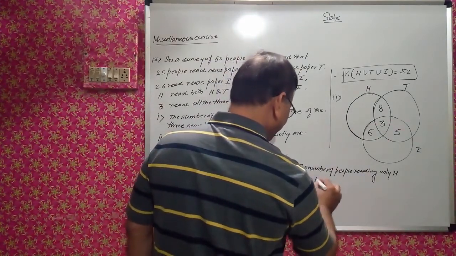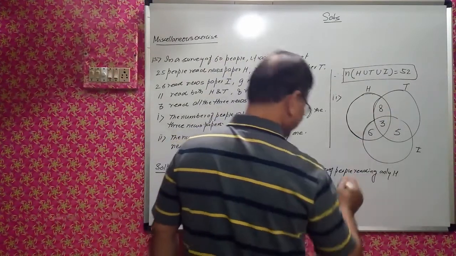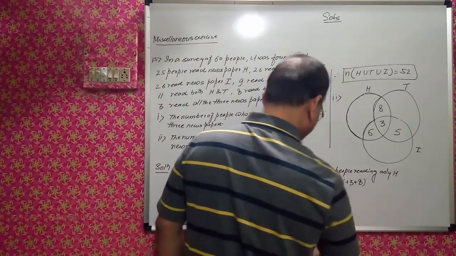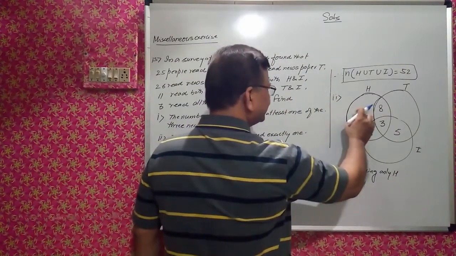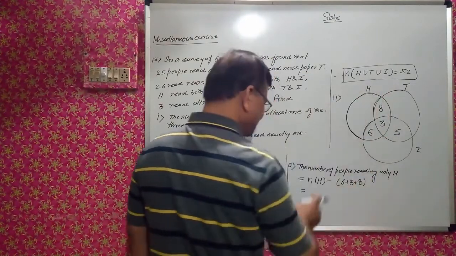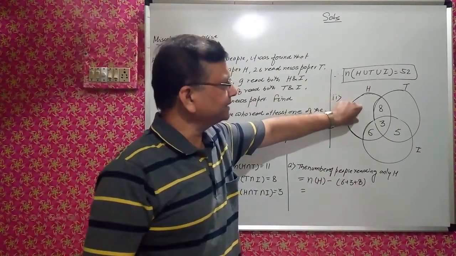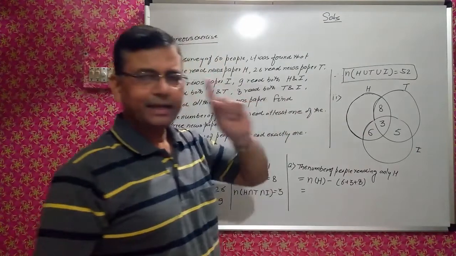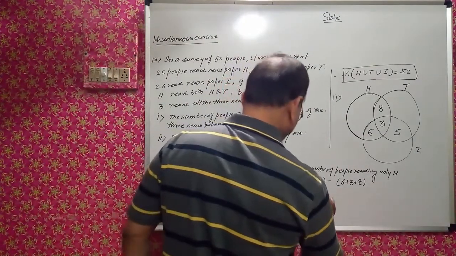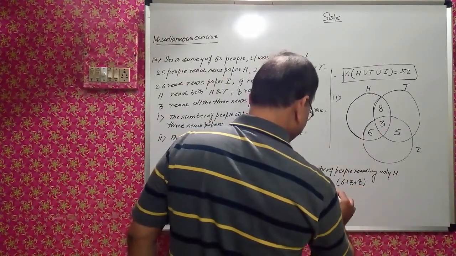So NH minus 6 plus 3 plus 8. This area tells the number of people reading only H. So NH is 25 minus 17.